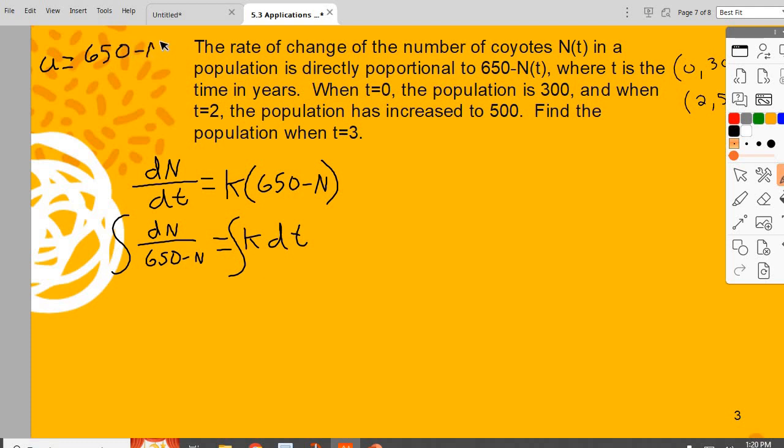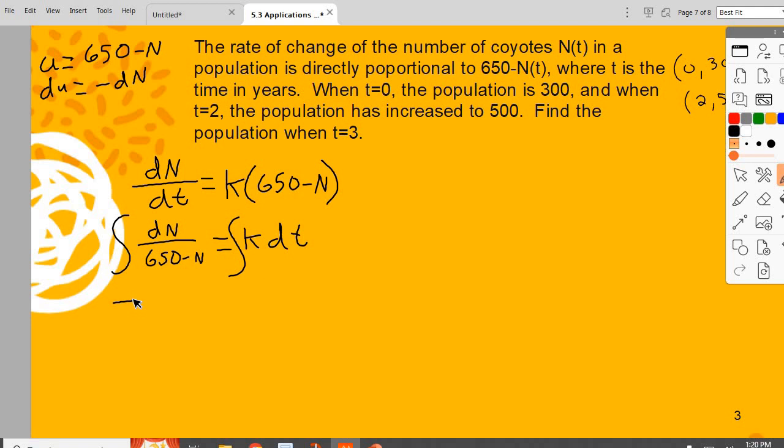We won't have any extra numbers because it's just an N, but we will end up with an extra negative. So when we integrate, we have a negative and 1 over u.